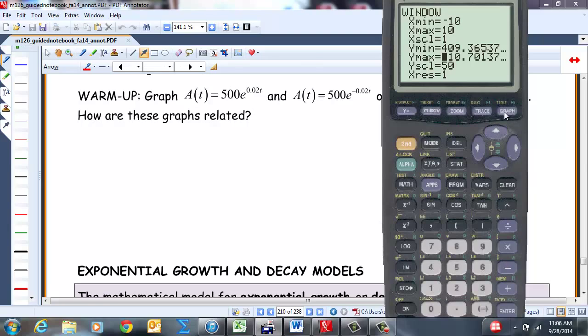Let's check out that graph. Just doesn't look very exponential. I see a little bit of a bend, but I think we need to do our window.